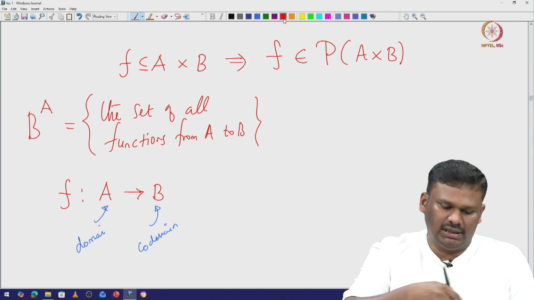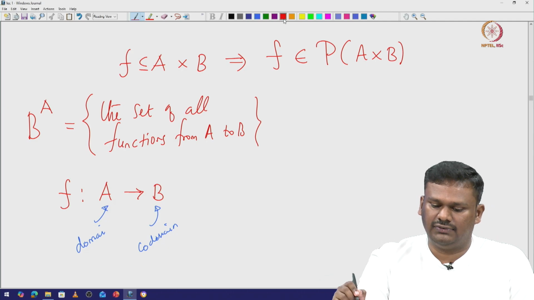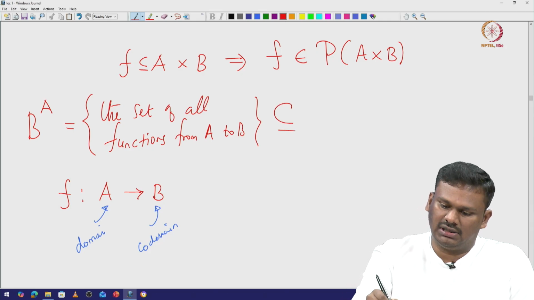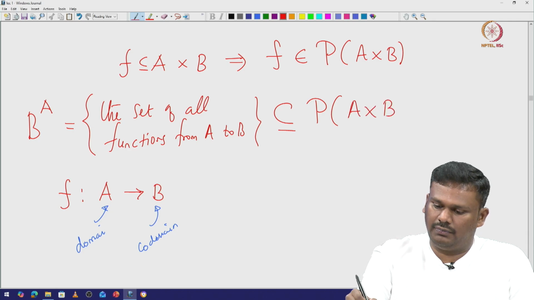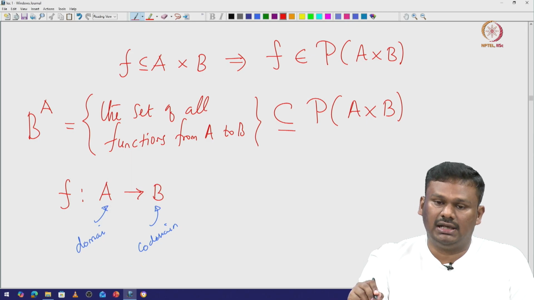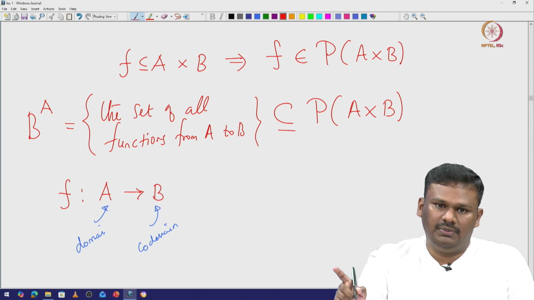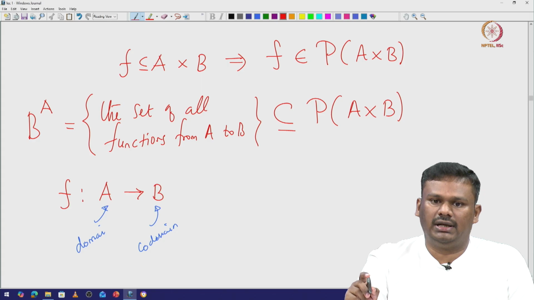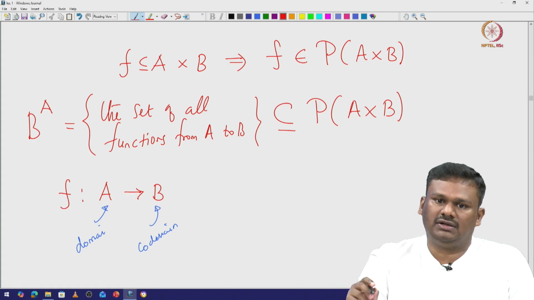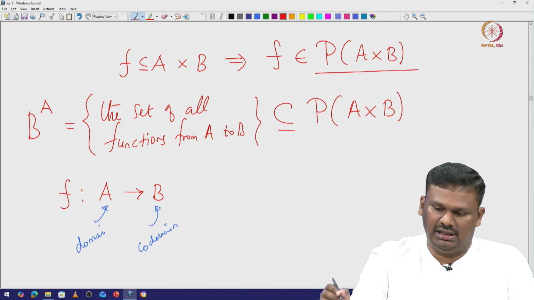First, try to understand the set of all functions from A to B. This can be thought of as a subset of P of A cross B. By our ZF axioms, given A and given B, I can construct the Cartesian product A cross B, and in particular I can talk about the power set of A cross B. So this is indeed a set.